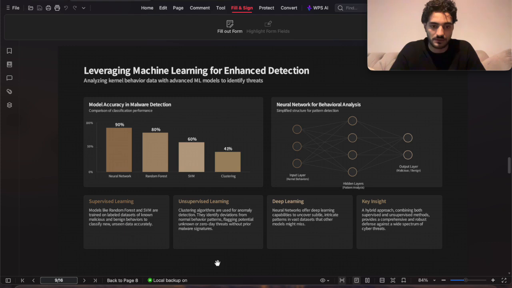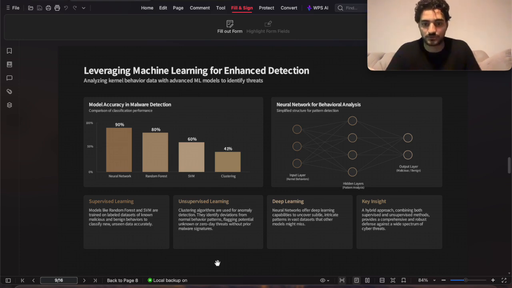Unsupervised learning, like clustering algorithms, are used for anomaly detection that identify deviations from normal behavior patterns and flag potential unknown or zero-day threats without prior malware signatures.